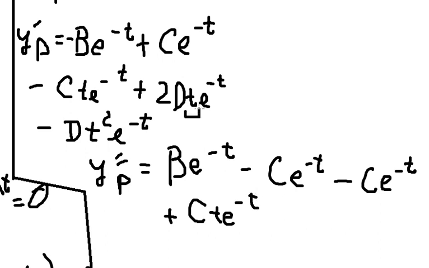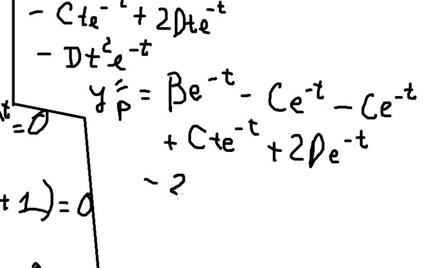So we do first the derivative of this one, so you get 2d e to the power of negative t. Later, we do the derivative of this one, so you get negative 2d e, we have t and we have e to the power of negative t.